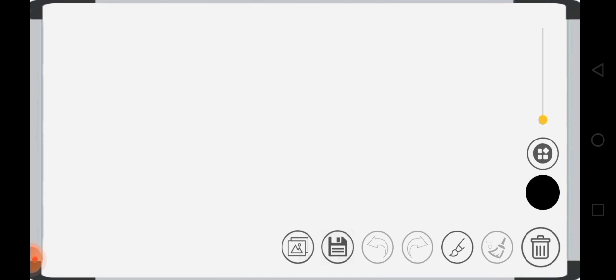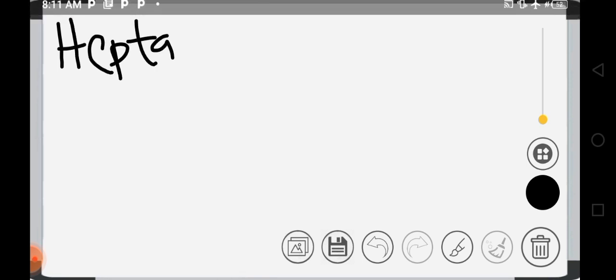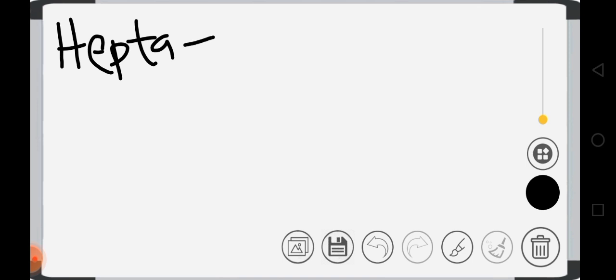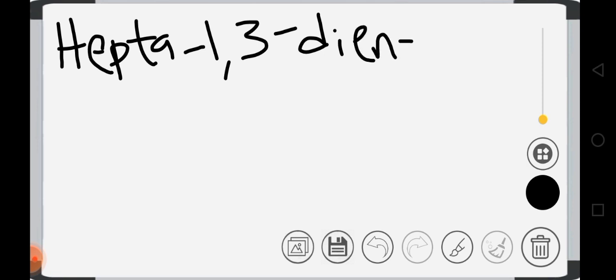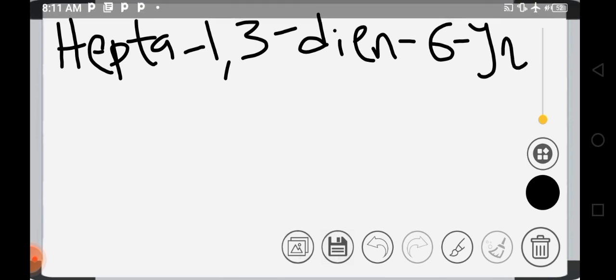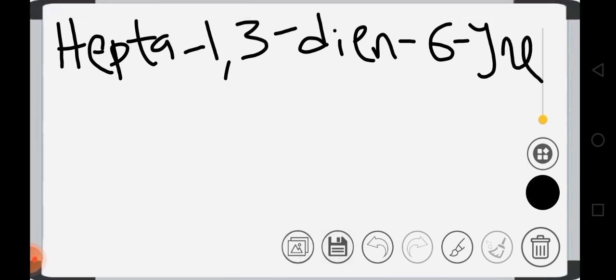Let's say for the compound hepta-1,3-diene-6-yne.